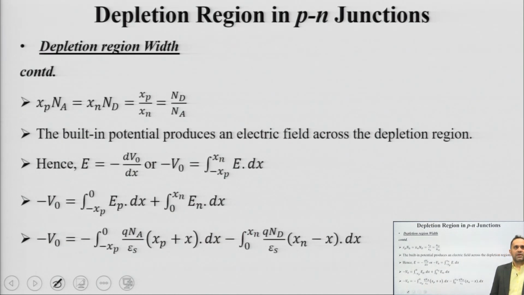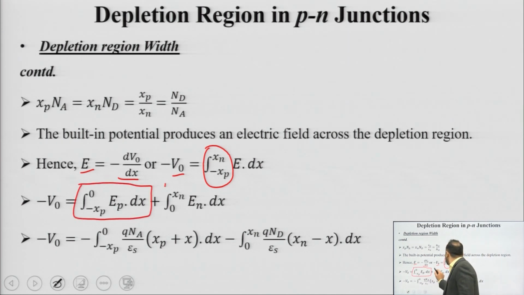Okay. So, with this expression, we know that the electric field is equal to minus dV naught by dx. So, you integrate this across the depletion region from minus Xp to plus Xn. This is your built-in potential. We know the electric field on the p side as well as the n side of the depletion region. So, you split this integral into 2 parts.